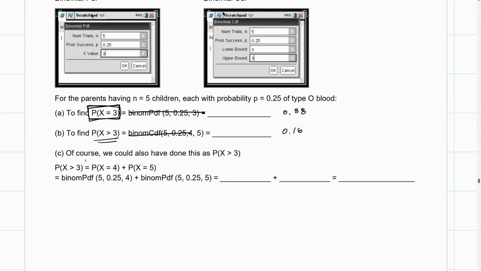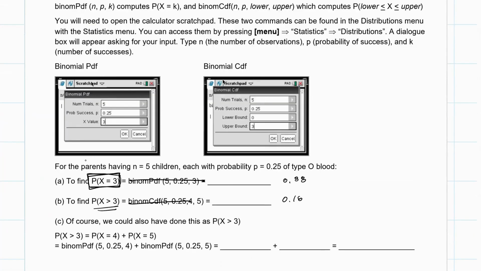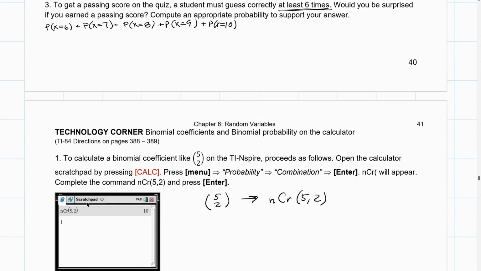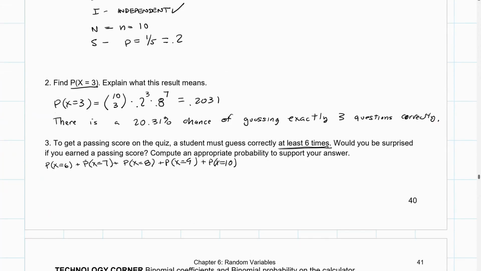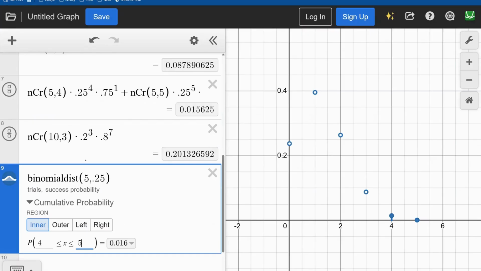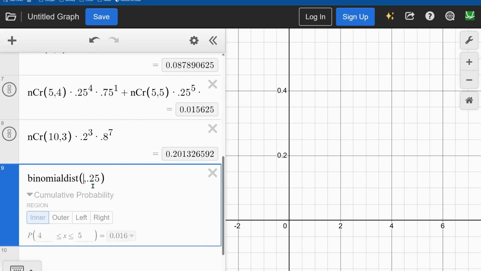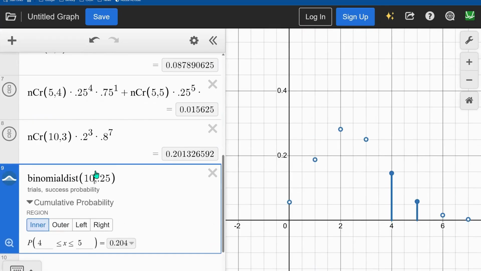And so we can use this to go back and do this really long problem. Remember, in this problem, X was binomial with 10 trials and a 1/5 probability of success on any individual trial. So let's change this to 10 trials.